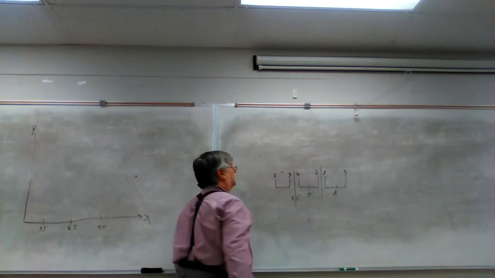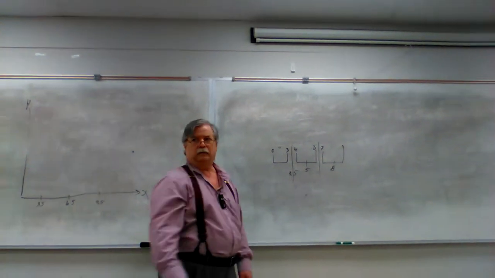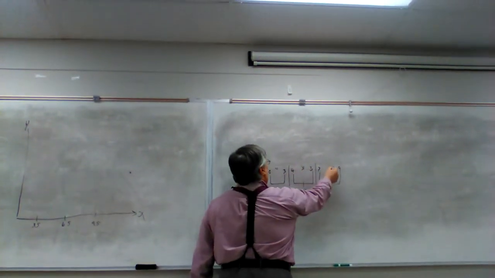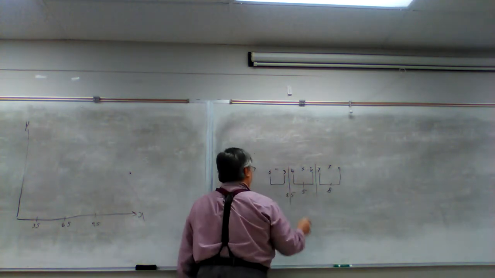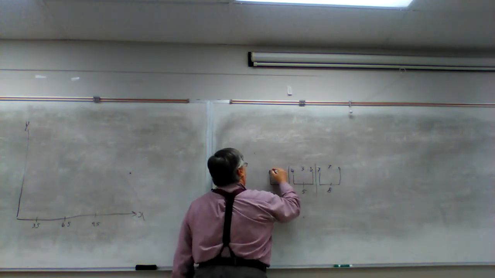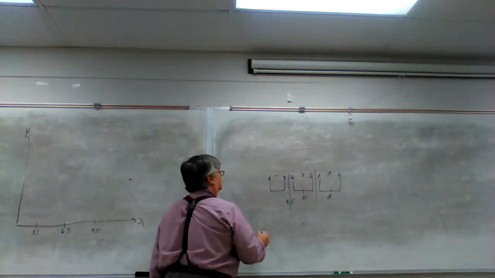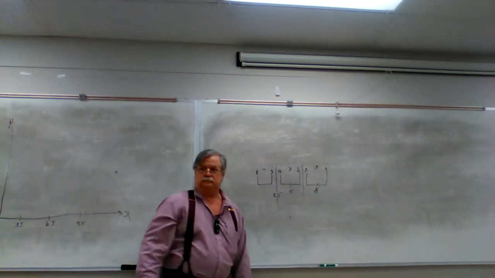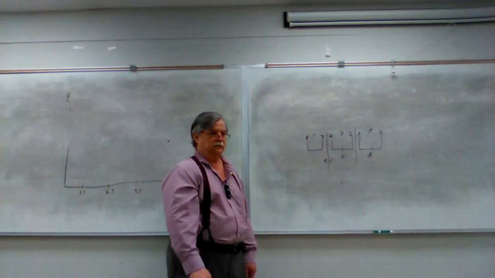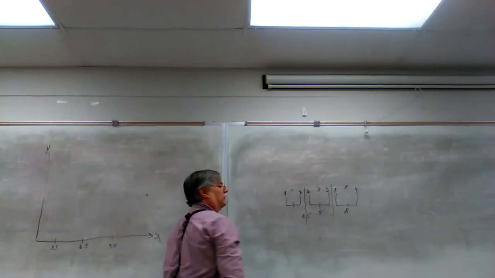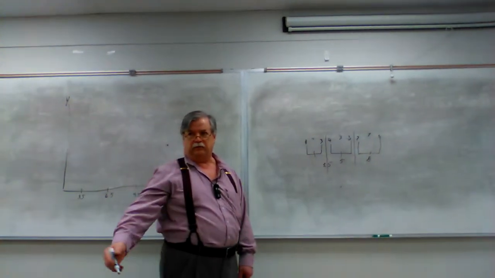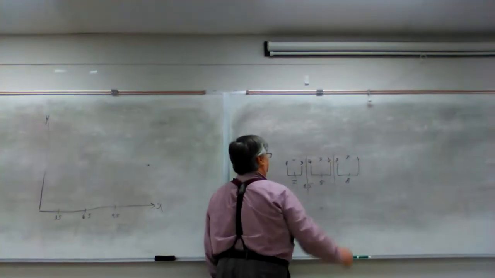What would this class width be? That would be 3. These all have to be the same width. So if 3 is the upper limit, the lower limit should be 1. Okay? But that would still leave a midpoint of 3 plus 1 is 4 divided by 2 equals 2.